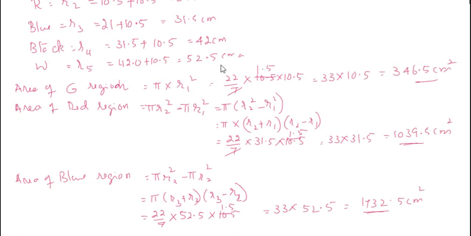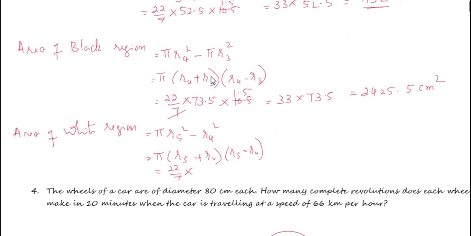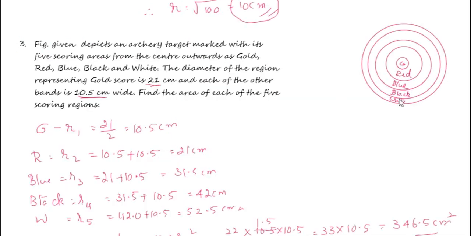R5 is 52.5, R4 is 42, so this is 94.5. So it is 94.5 into 10.5, so 7, 1.5 times. This is 33 into 94.5, that comes to 3118.5 centimeter square. These are the areas of all these colored regions in this archery target.